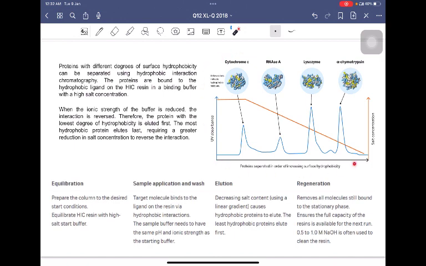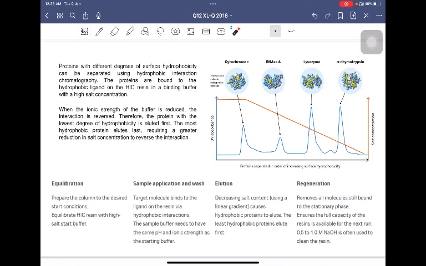Here is one example of four proteins: cytochrome C, RNase A, lysozyme, and alpha chymotrypsin. Here yellow colors indicate the hydrophobic residues. If you notice, cytochrome C has the least surface hydrophobicity, whereas alpha chymotrypsin has the highest surface hydrophobicity.